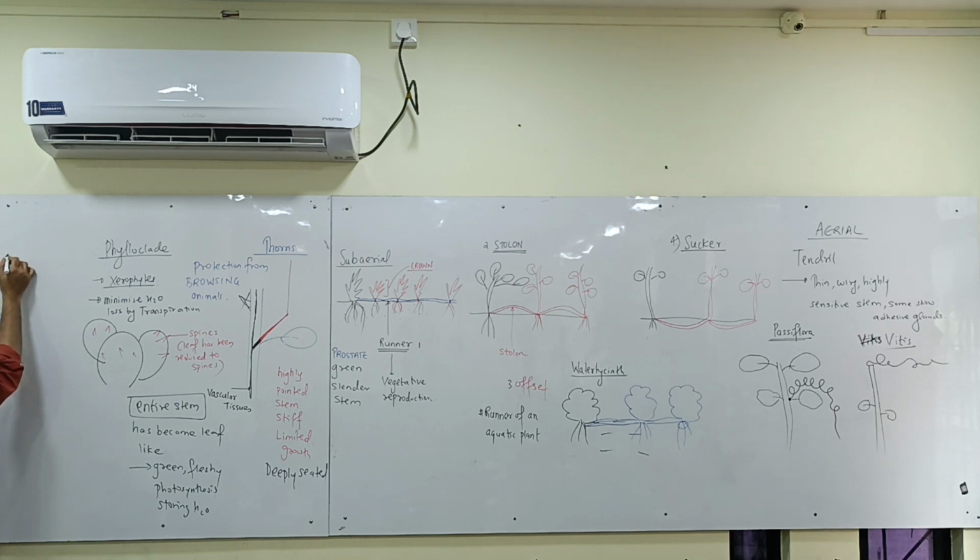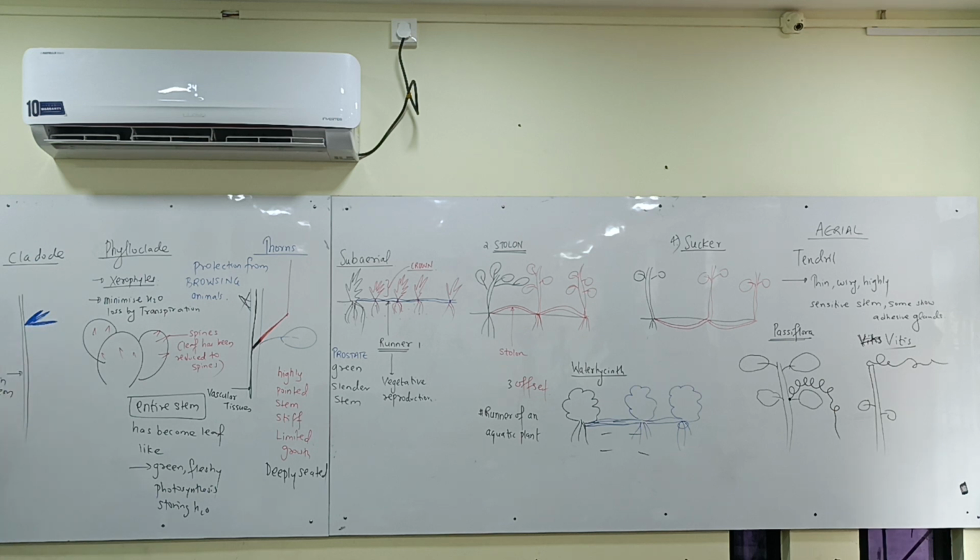Third one, who is it? Cladode. Now listen to this modification. This is the main stem, and from the main stem arise branches of the stem, which after one internode length become flat, green, leaf-like.